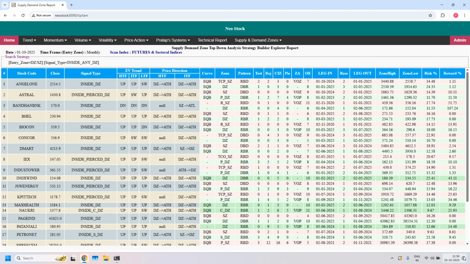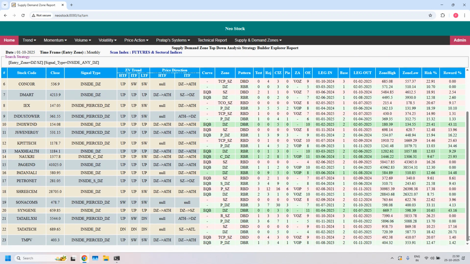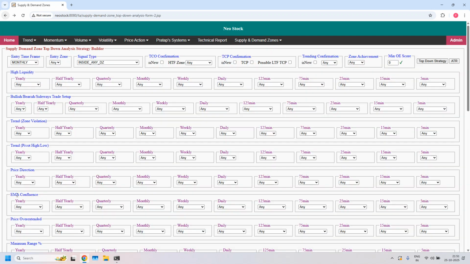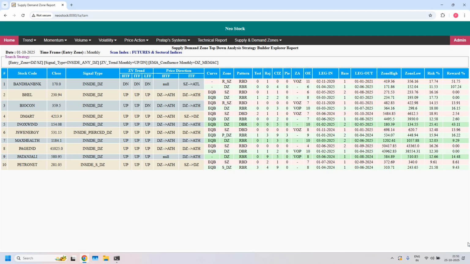First 17 stocks in the list. Scrolling the list down, 23 stocks are filtered. We can further filter based on monthly demand zone having monthly EMA confluence, and trend on the monthly should not be sideways. We got 10 stocks.